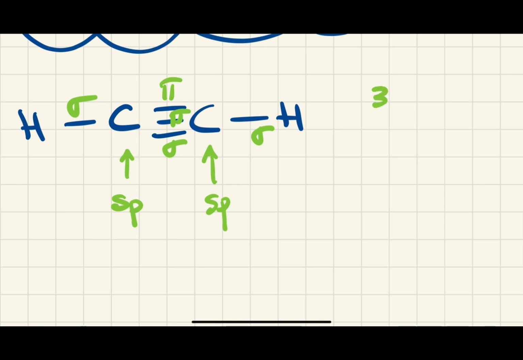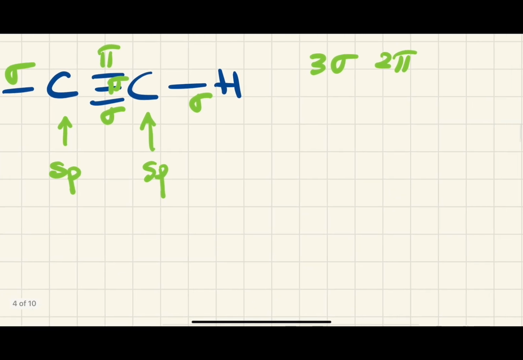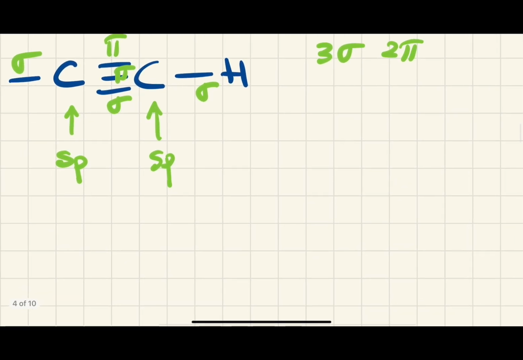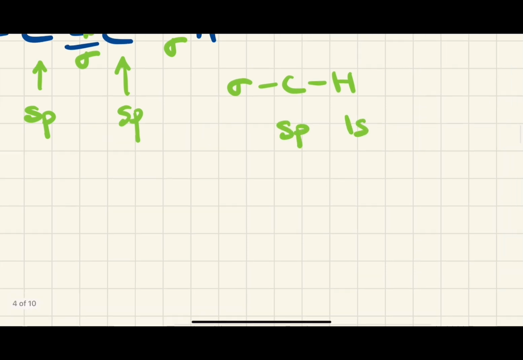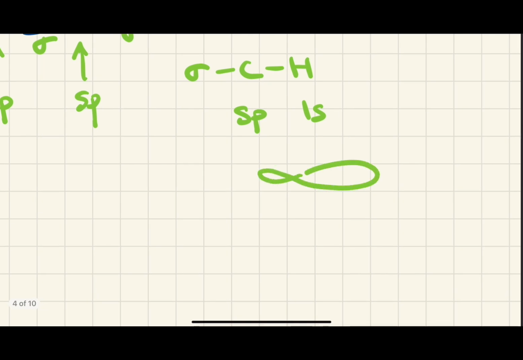So 3 sigma and 2 pi, right? And then we know that the sigma made between the carbon and hydrogen is made between the sp of the carbon and 1s of the hydrogen. And the way it will look, it's just the same. So 1s of the hydrogen and sp of the carbon.